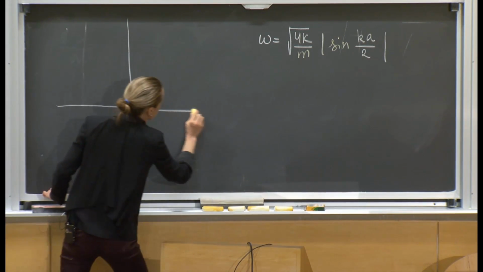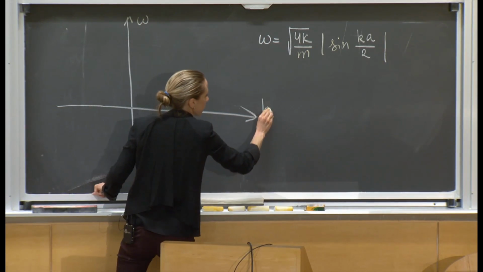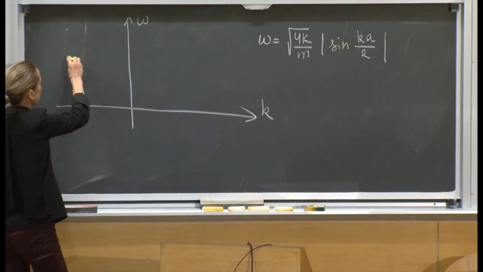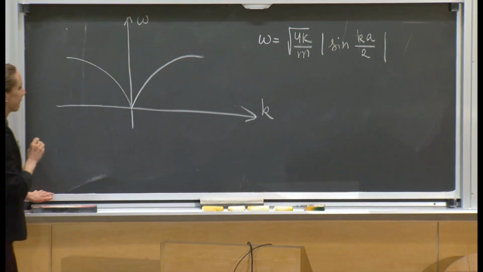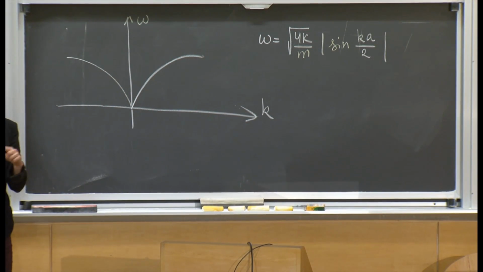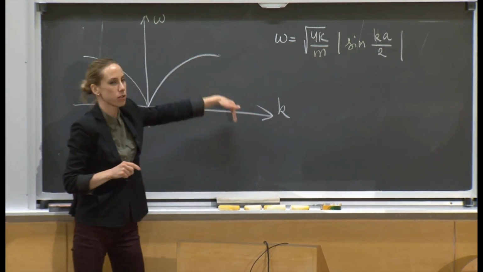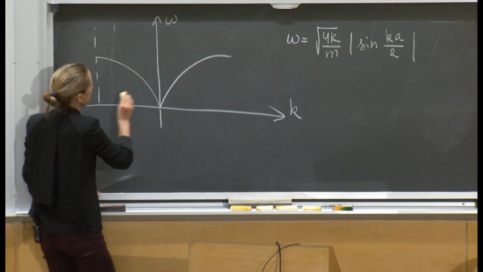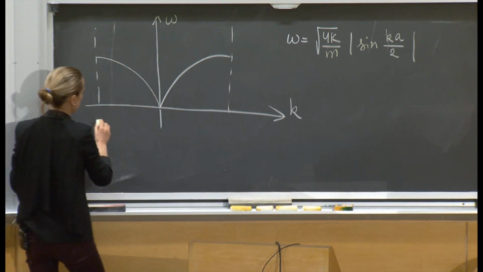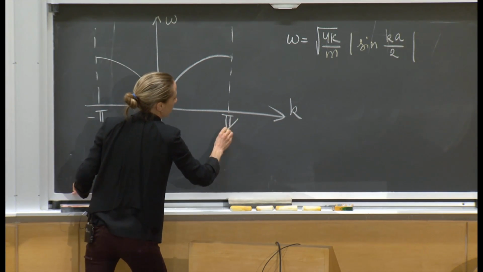We can plot it. Our omega versus k plot. It's periodic, right? So it's going to be 0, it's 0, and then it's going to do this. I'm only going to plot it in its first period, from minus pi over a to pi over a.